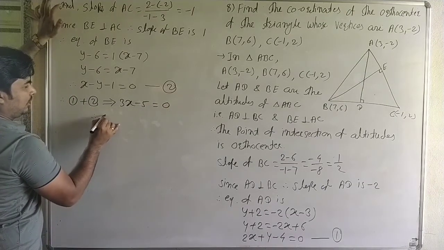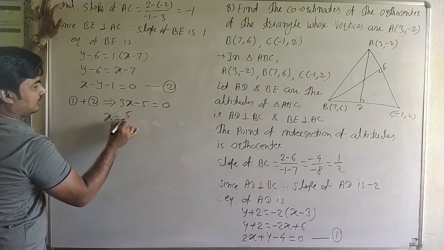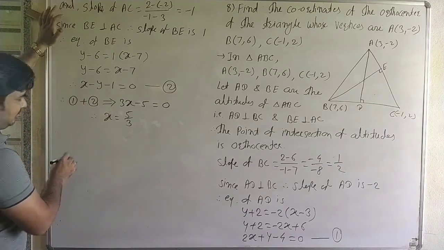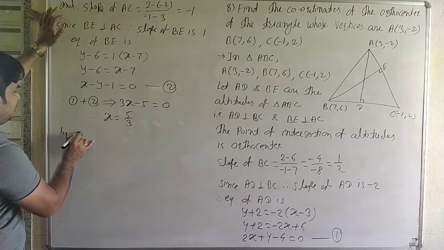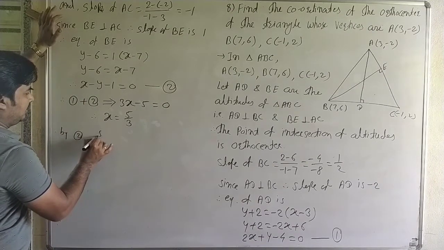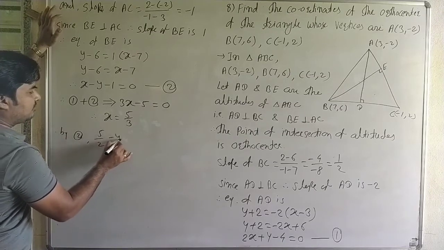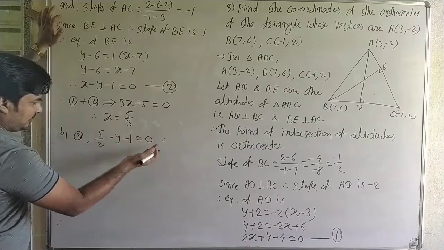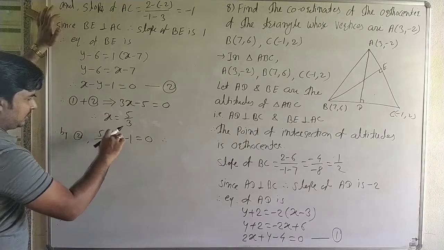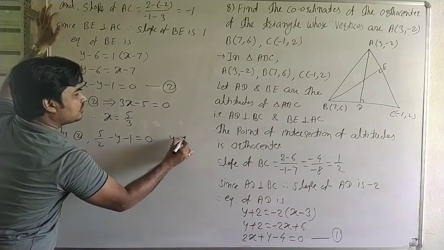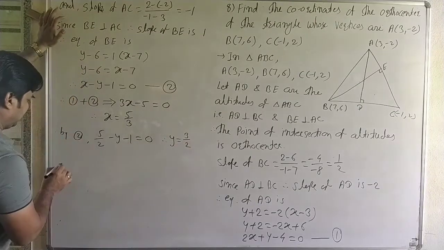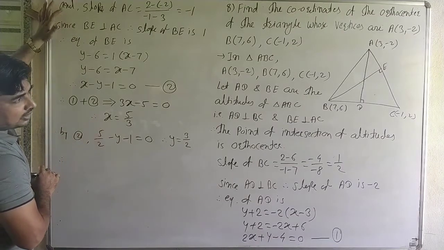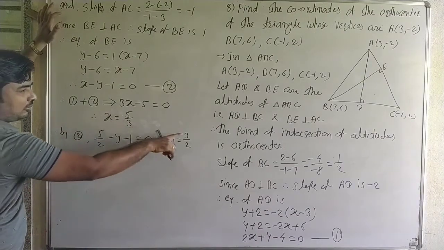Therefore x is equal to 5/3. Then by equation number 2, 5/3 minus y minus 1 is equal to 0, so y is equal to 3/2. The point of intersection of BE and AD is (5/3, 3/2).